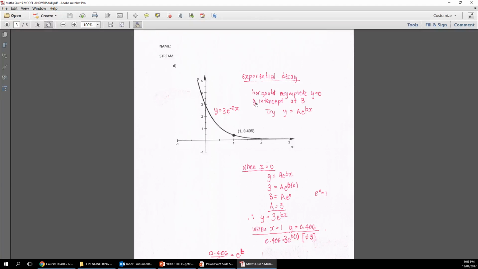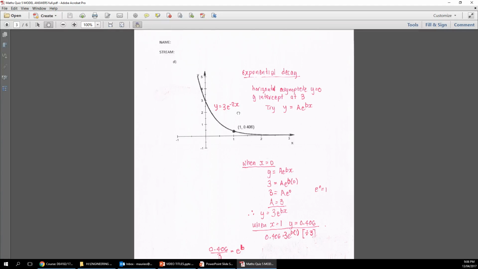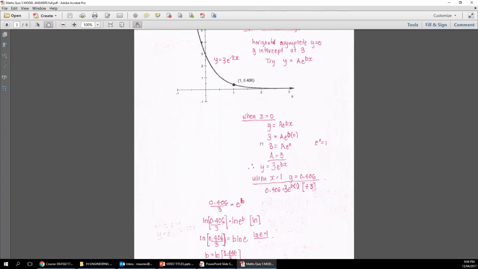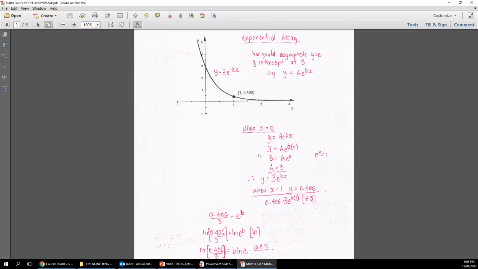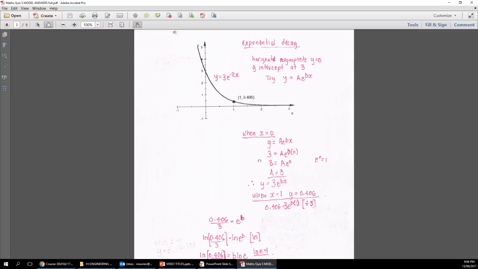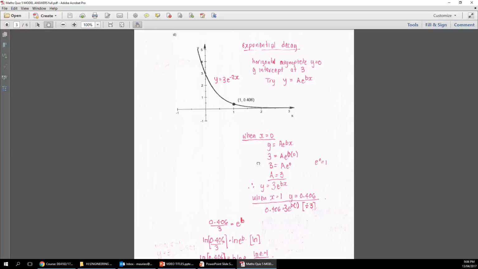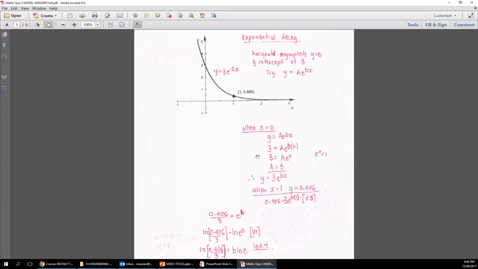So what we can try is y equals ae to the bx. But if we recognize our graph is decaying, that tells us that b is negative. So what we know is that when x equals 0, y equals 3.